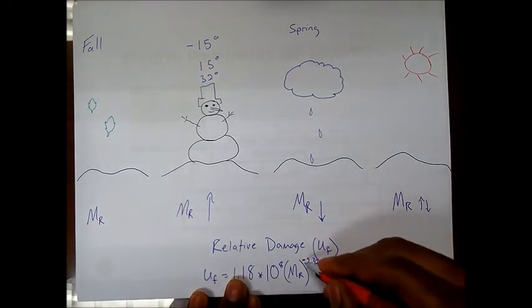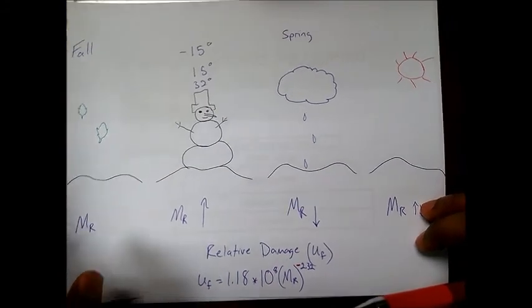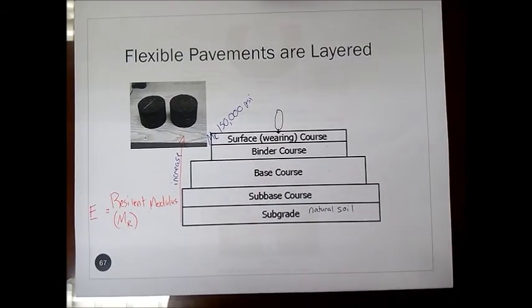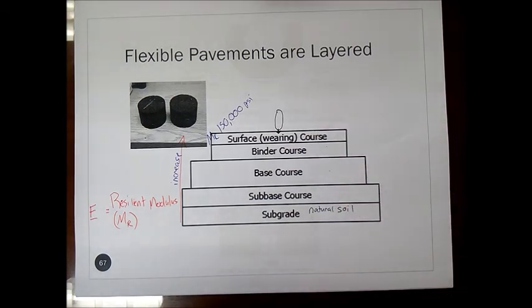And I wanted to make sure that I put that in red so that you can see. So that's relative damage, and that takes into account all of the changes that occur over time through the seasons, so that when we design, we can design with a resilient modulus that is appropriate and takes all of the seasons and changes in weather into account, so that our modulus of resilience, when we design for it, is not overkill or not under design. Therefore, everything else on top of it would be properly designed.